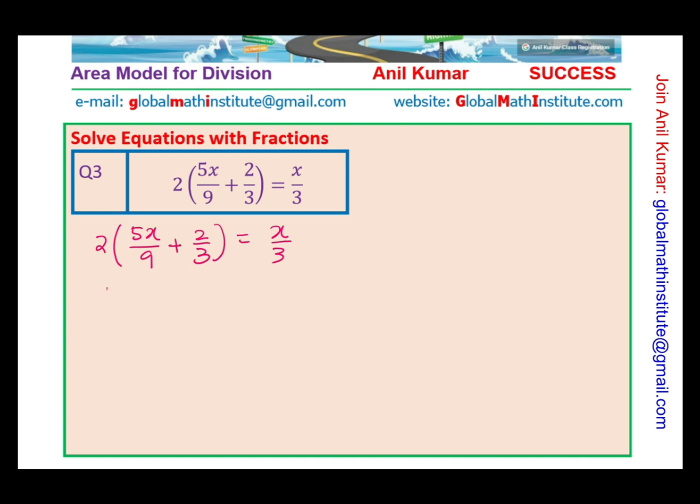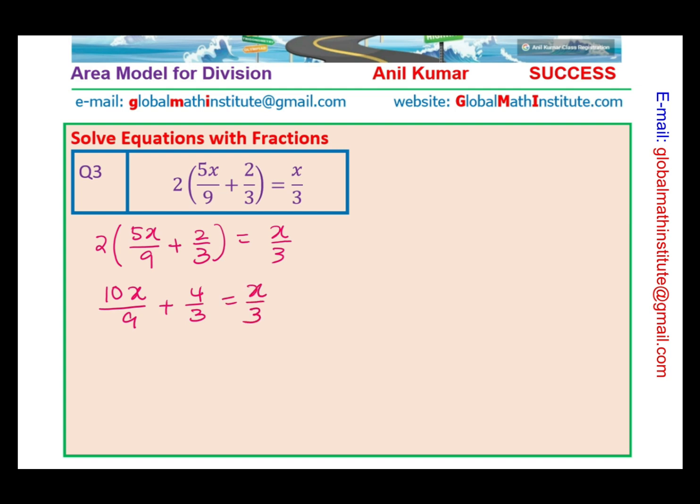When you open the bracket, you get 10x over 9 plus 4 over 3 equals to x over 3. Now in this case, what is the lowest common denominator? It is 9. So since the lowest common denominator is equal to 9, we are going to multiply each term with 9.